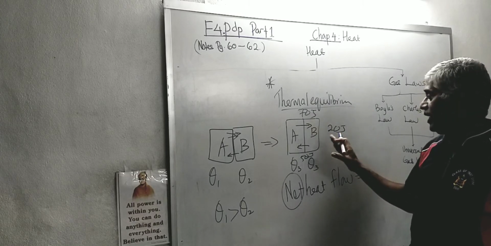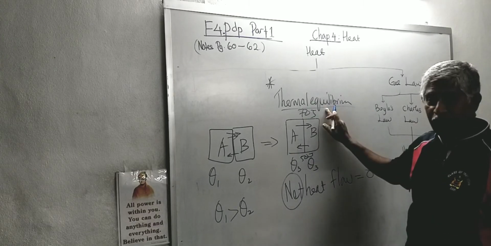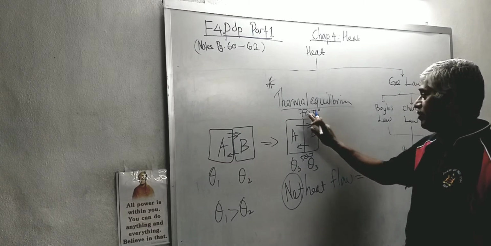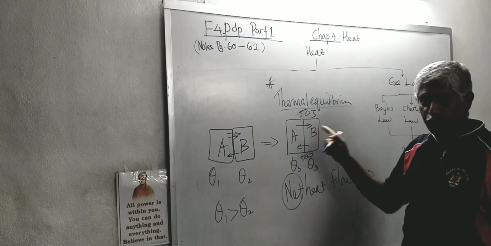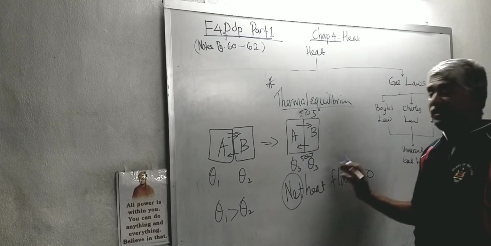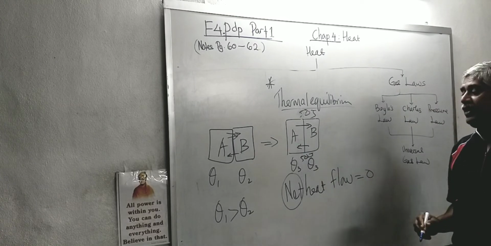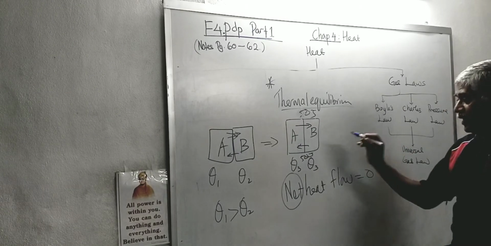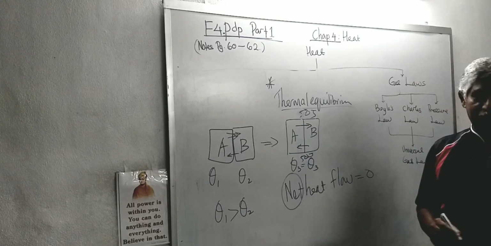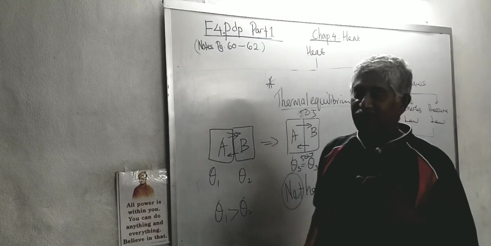So after some time, when there is thermal equilibrium, there is no more net heat flow. That means the amount of heat which is flowing in and out of both objects in thermal contact is the same. So therefore we say net heat flow is 0. So when the net heat flow is 0, the temperature of both objects is the same. Got it? Alright.